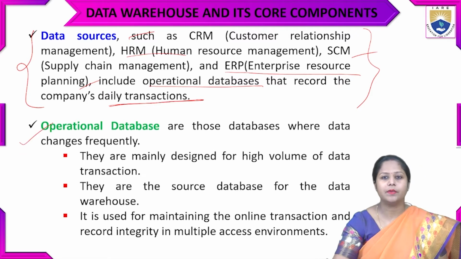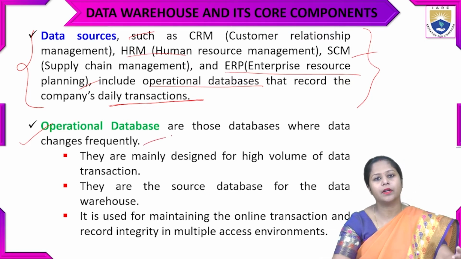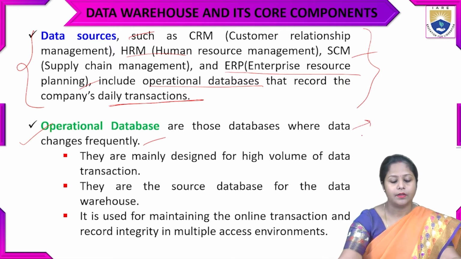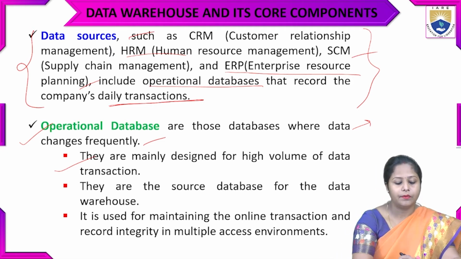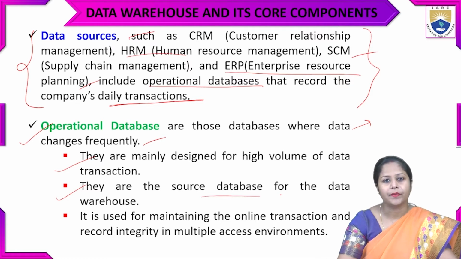Operational databases are those where the data changes very frequently. They are mainly designed for a high volume of data transactions. We will see an example. The operational databases are the source databases for the data warehouse.